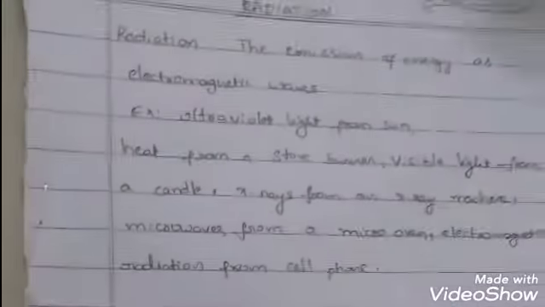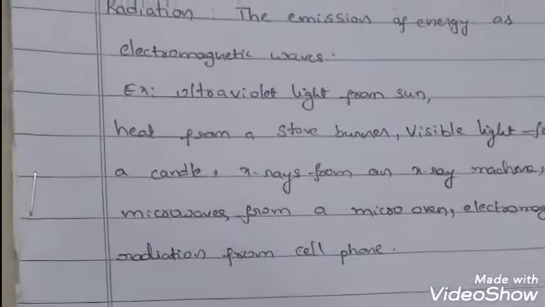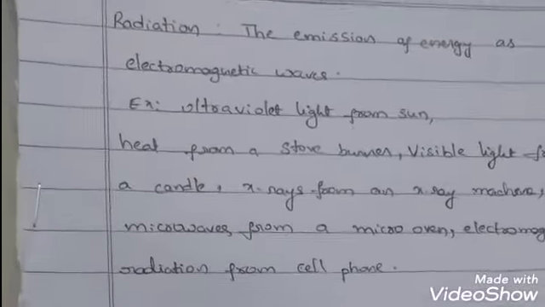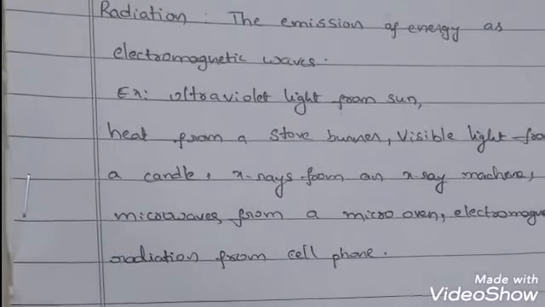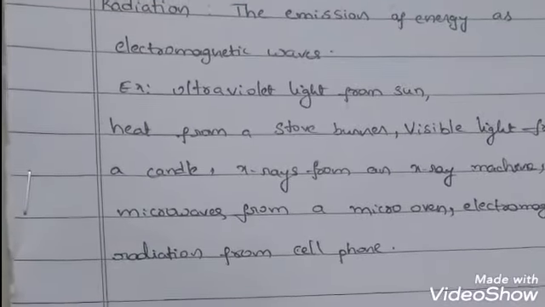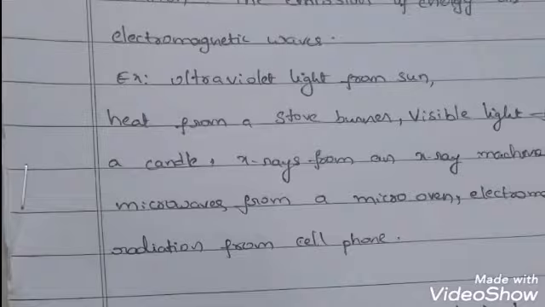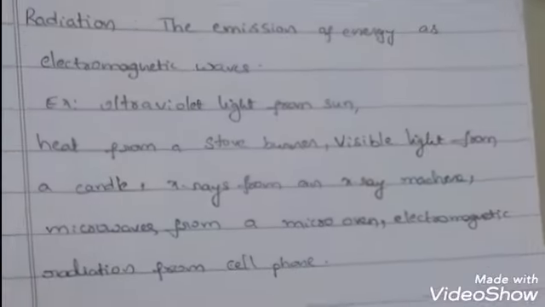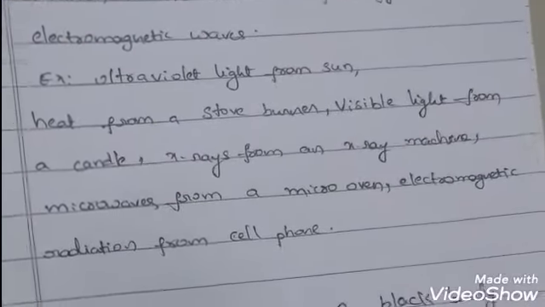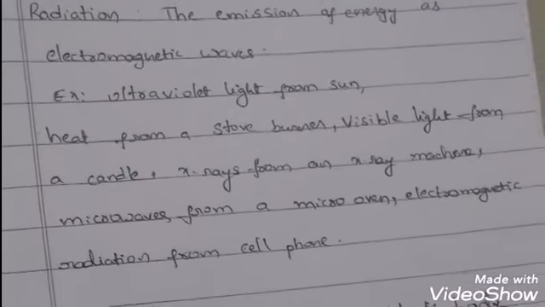Okay, so now according to Stefan's law, the total amount of radiant energy emitted by a black body per unit area per second due to all wavelengths is directly proportional to the fourth power of absolute temperature. That is, simply we can say E is proportional to T to the power 4. What is E here?